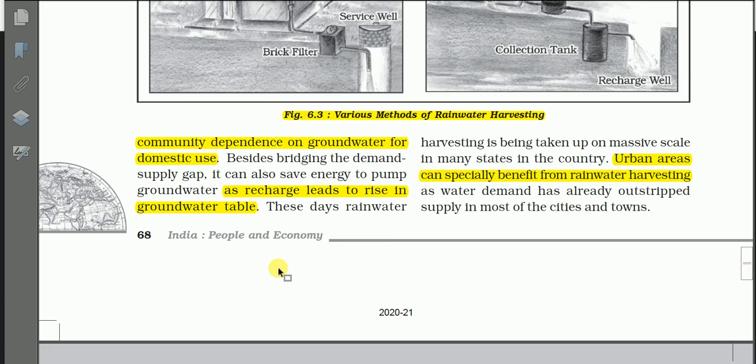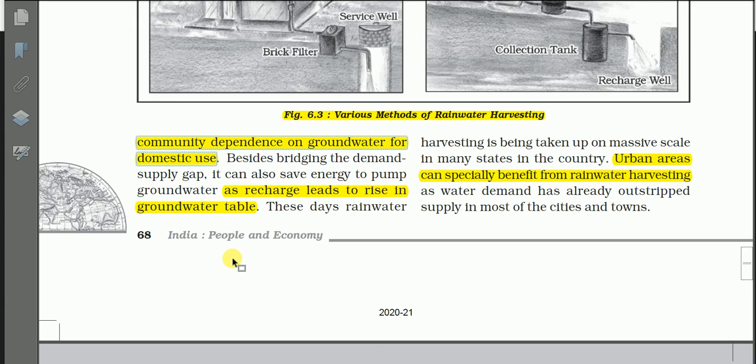Actually, rainwater harvesting has many benefits as we discussed earlier. When we harvest rainwater, community dependence on the groundwater for domestic use will also be decreased. When we harvest rainwater, then we get fresh water for daily use. So use of underground water will be decreased if we harvest rainwater.